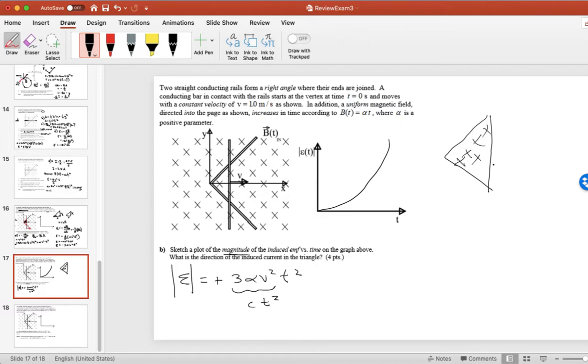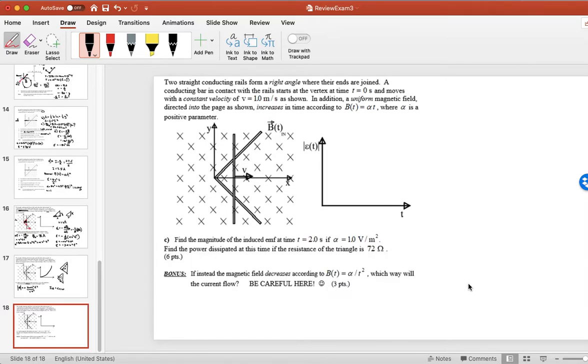So the induced current in this loop is going to want to oppose that. It's going to say, hey, I need to create some out of the page B field. So in order to get out of the page B field, I point my thumb in the direction of out of the page for the B field, and my fingers curl around to show me where the current goes. So then my induced current is counterclockwise.